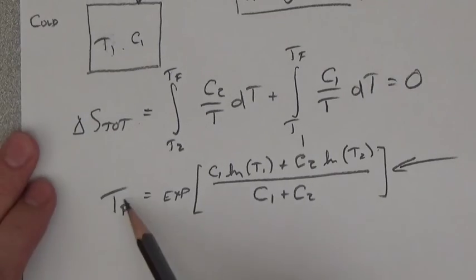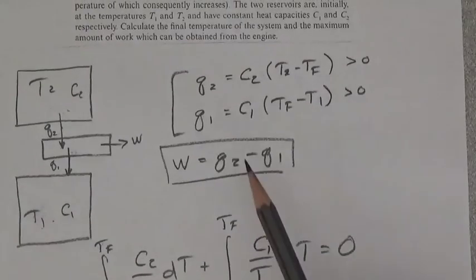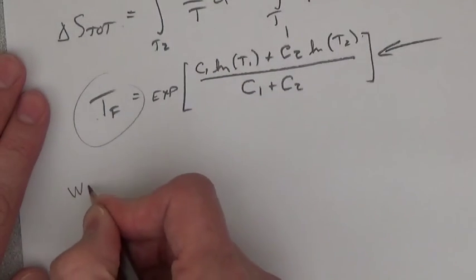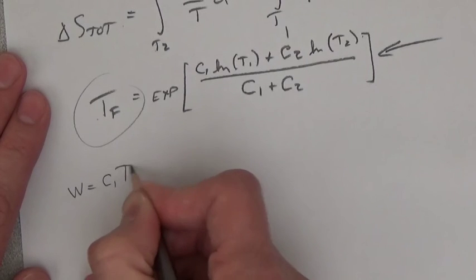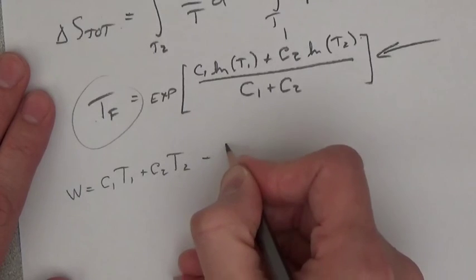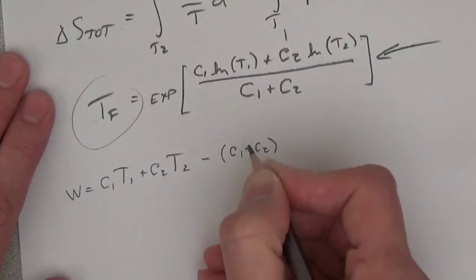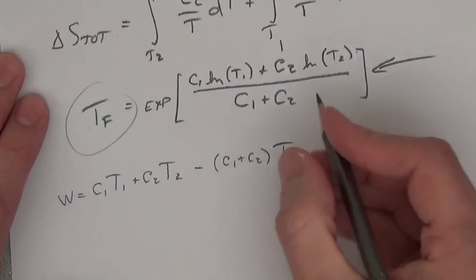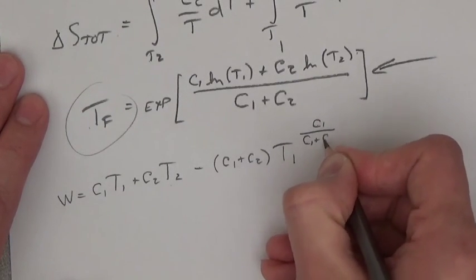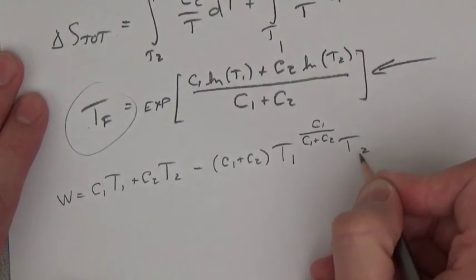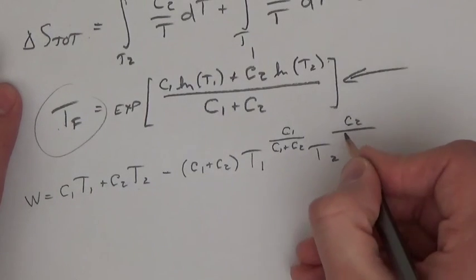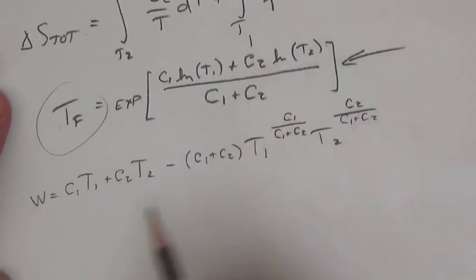And then simply taking this and substituting it into Q and into W, we get W is equal to C1 T1 plus C2 T2 minus C1 plus C2 times T1 raised to the C1 over C1 plus C2 times temperature 2 raised to the C2 divided by C1 plus C2.